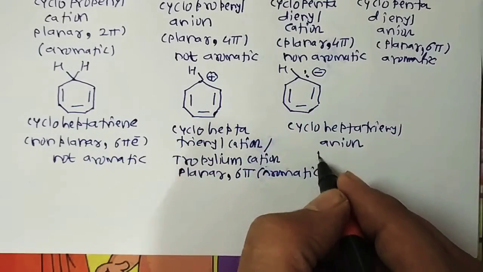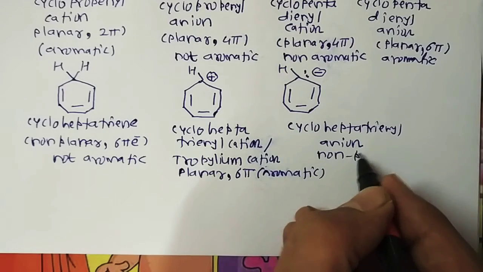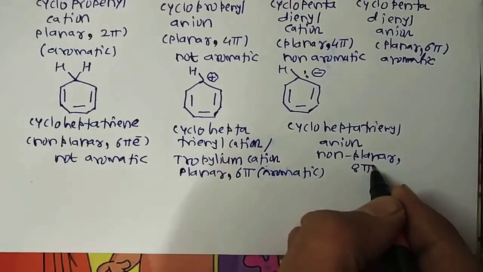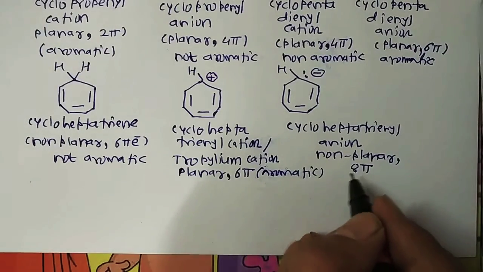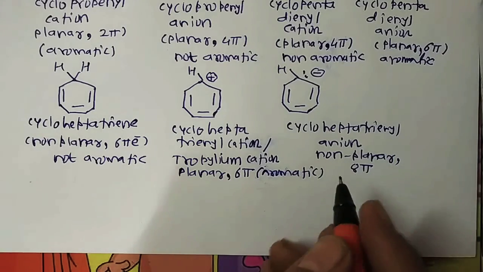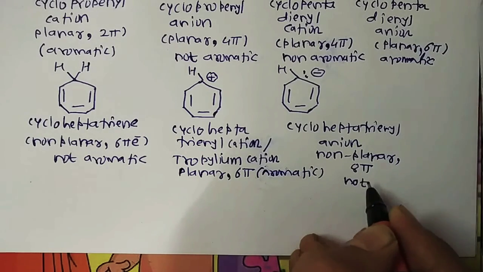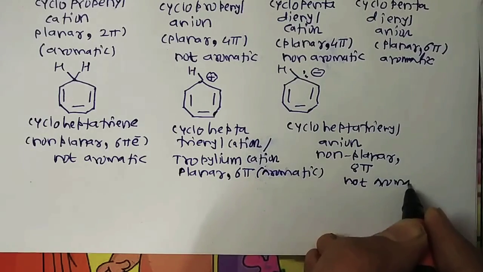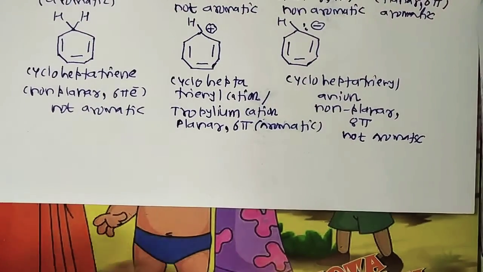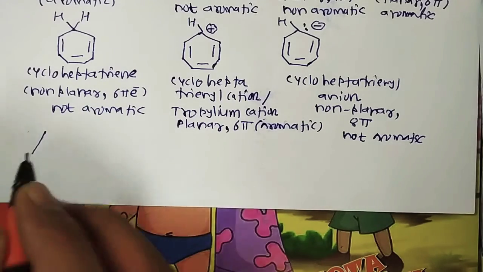So it's non-planar. So game over. Does it obey the 8 pi electrons? No, because it does not obey Huckel's rule regarding aromaticity. So it's not aromatic. In the same way, another example is like that.